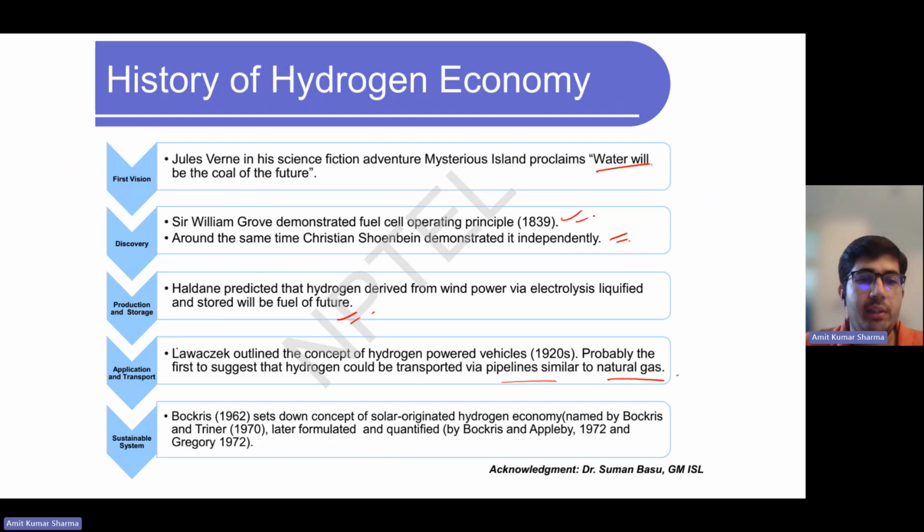Then Bockris in 1962 set down the concept of a solar originated hydrogen economy, named by Bockris and Triner in 1970, later formulated and quantified by Bockris and Appleby in 1972 and Gregory in 1972.